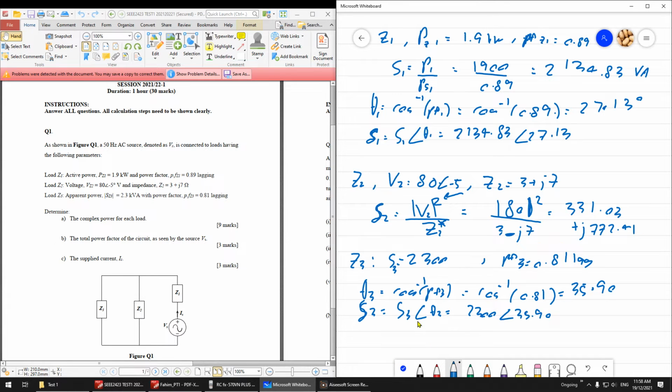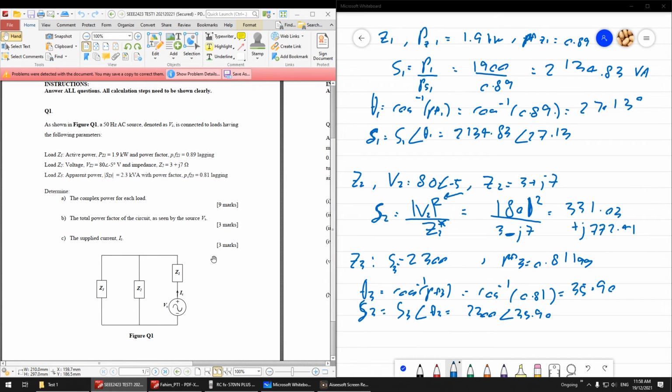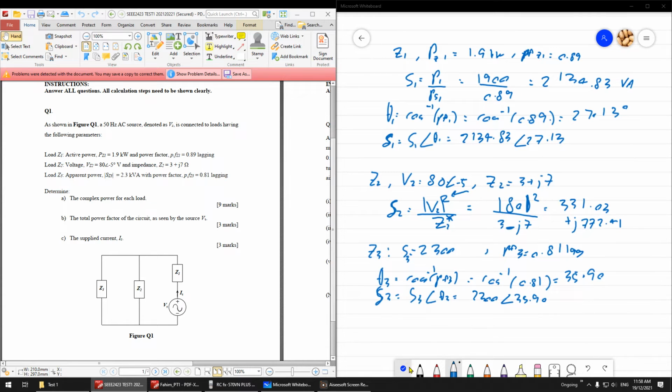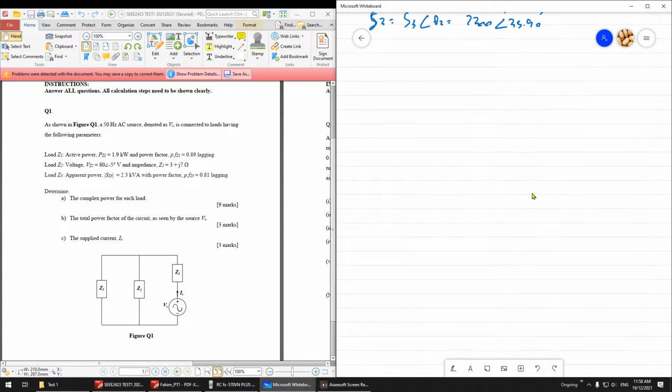That is for 1a. Next is the total power factor of the circuit seen by the source. How to do this? You just add all the power. S total is equal to S1 plus S2 plus S3.